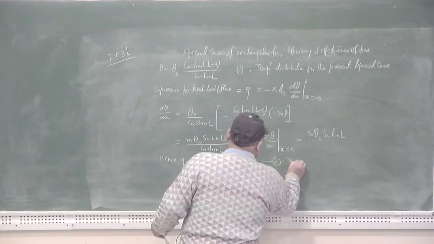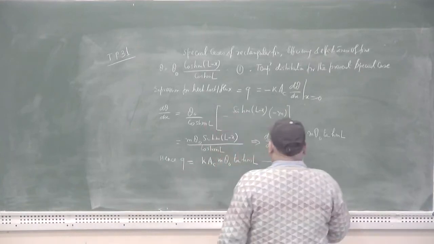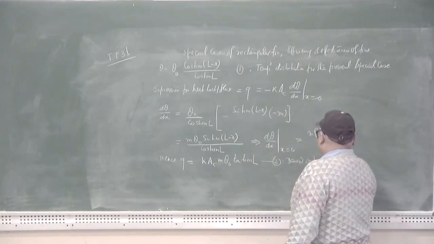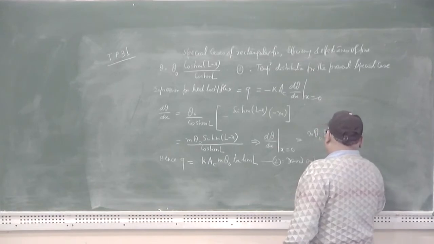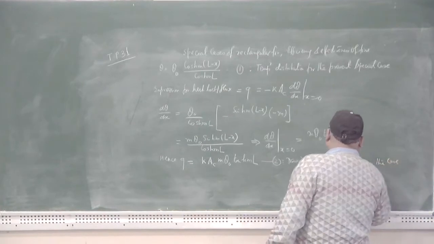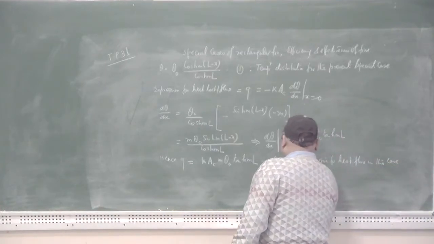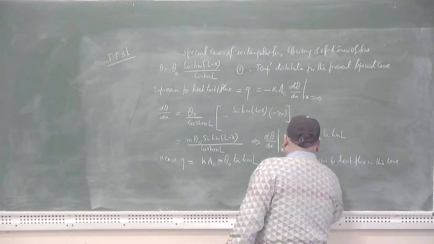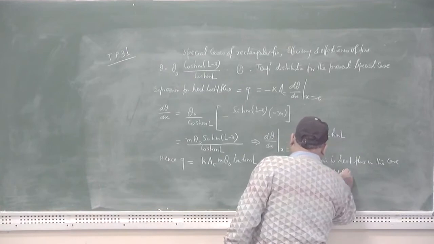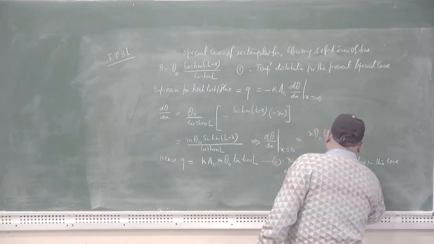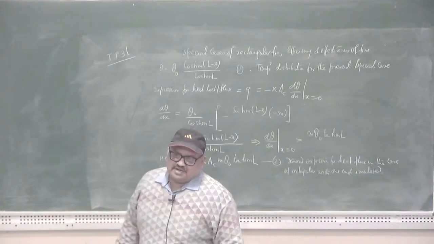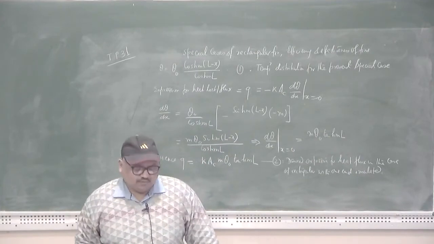This is the desired expression for heat flux in the case of a fin with one end insulated. That means the end which is present at x equal to L is fully insulated.